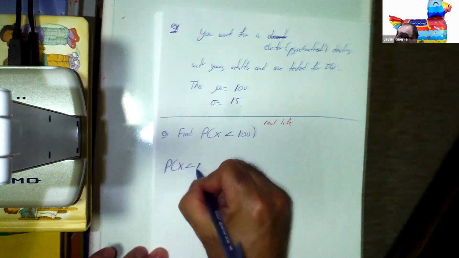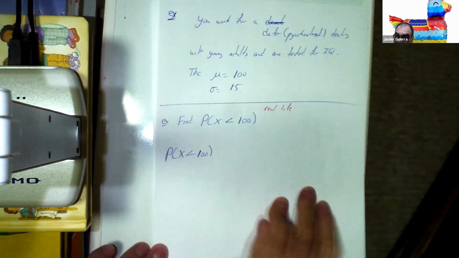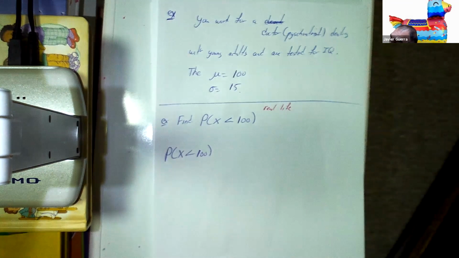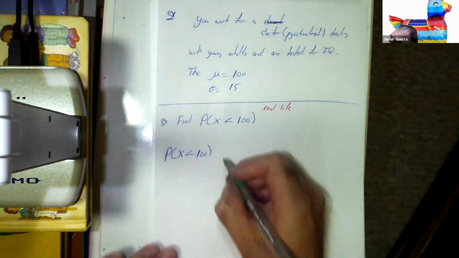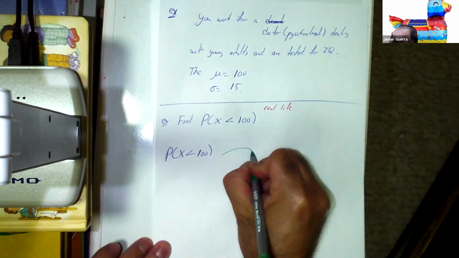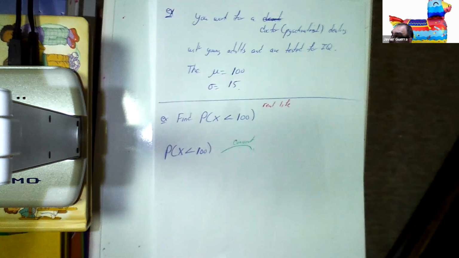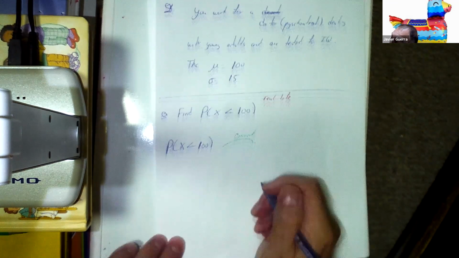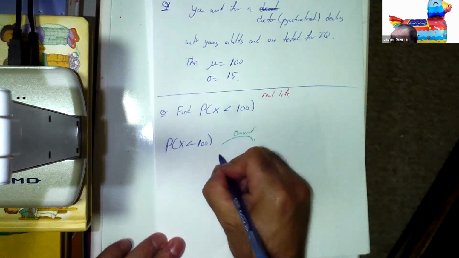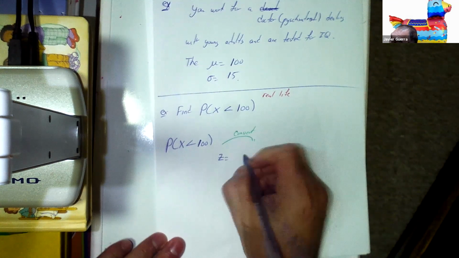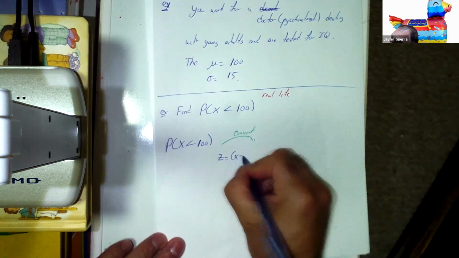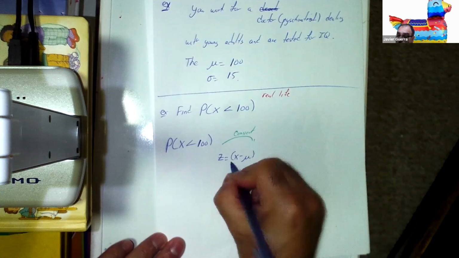Okay, and you're going to convert. I'm gonna put a little arrow on top of there. I'm gonna put convert, and I'm going to use my formula for my conversion. So my conversion formula was Z equals X minus mu over sigma.